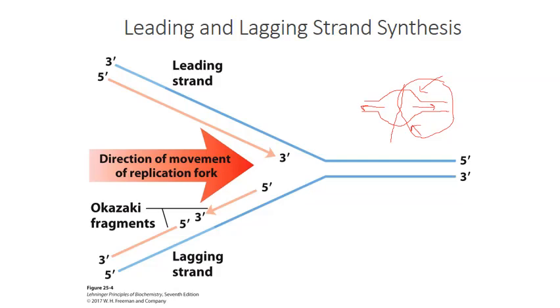So here we have our leading strand that is able to continuously replicate the DNA, and then the lagging strand, which is going the opposite direction. And again, this is true because we can only add new nucleotides to that 3' end.